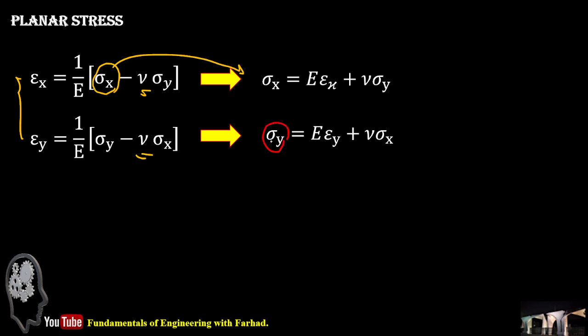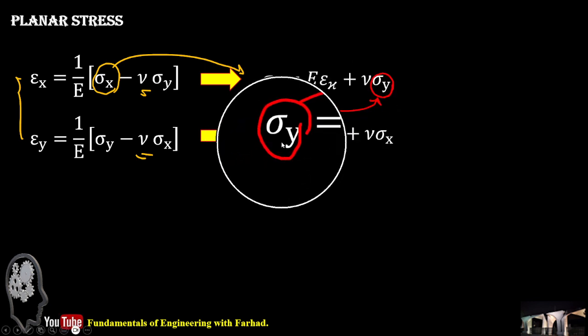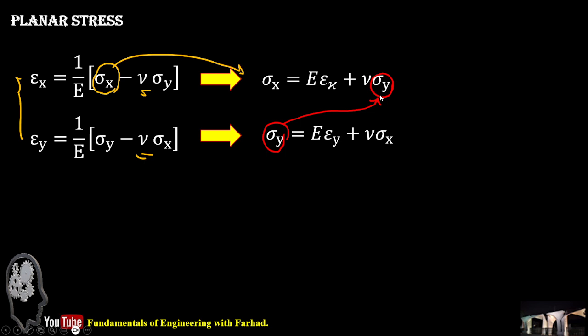If we do the same for sigma y and replace sigma y from the second equation in the first one, we reach this equation: sigma x is equal to E times epsilon x plus nu times E epsilon y plus nu times sigma x.